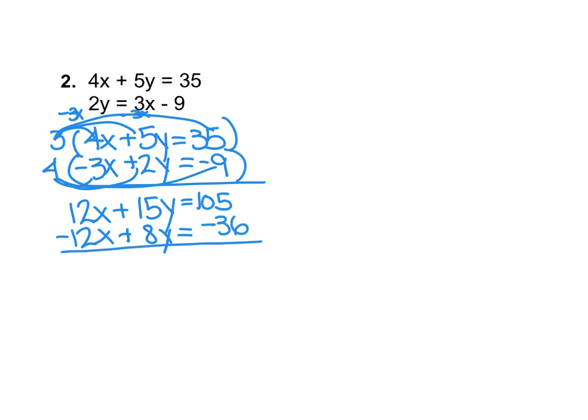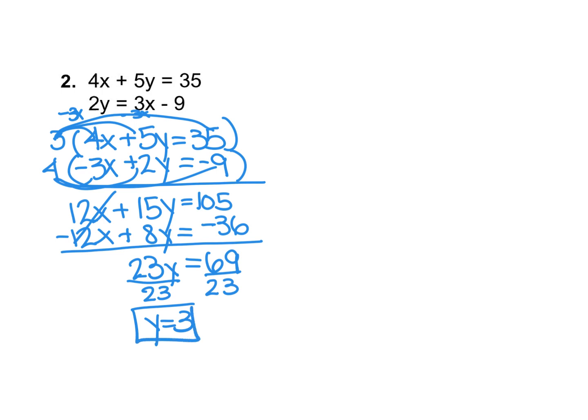All right, so now our x's are going to cancel out. I'll take 15y plus 8y, and I'll have 23y is equal to 69. And then I'm going to divide by 23, and we'll have y is equal to 3.